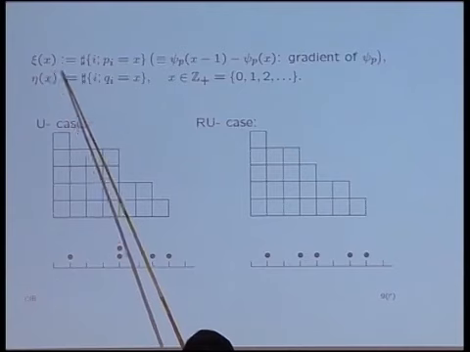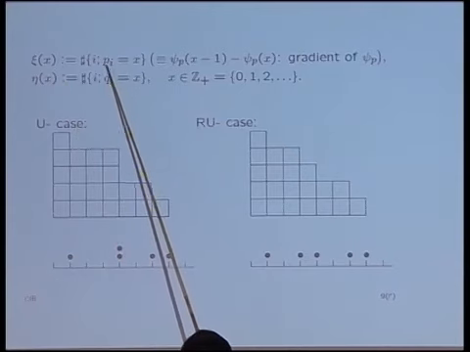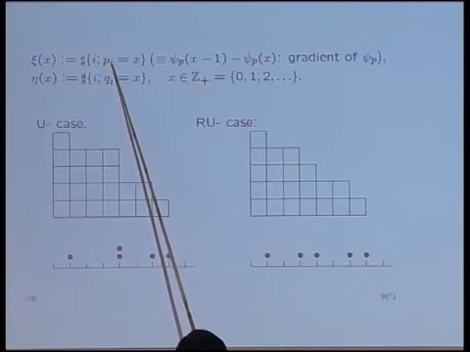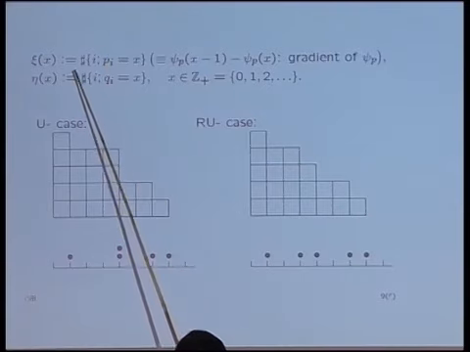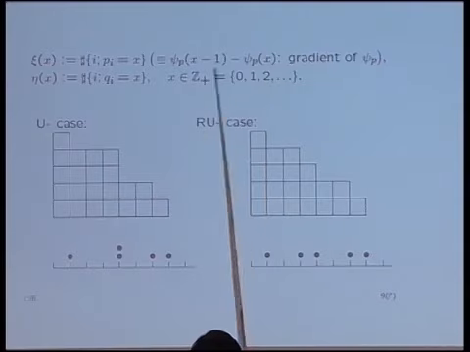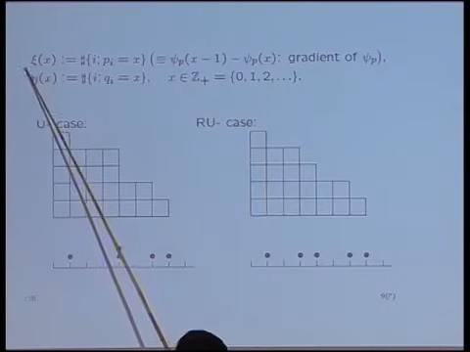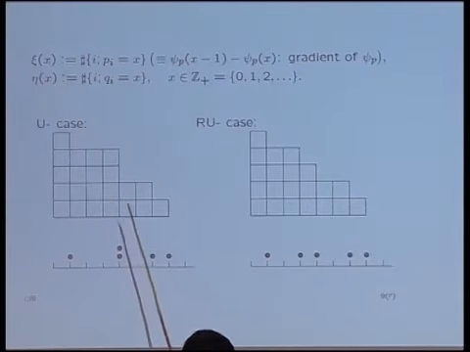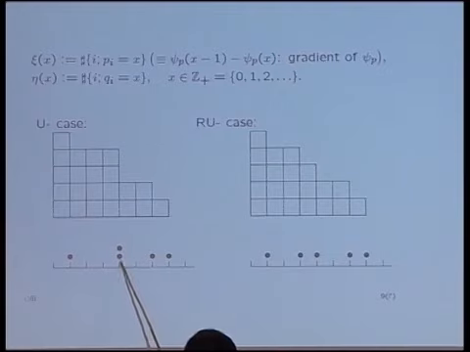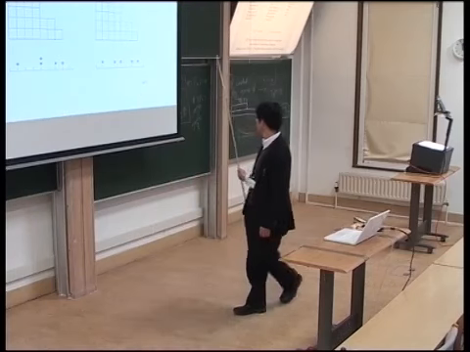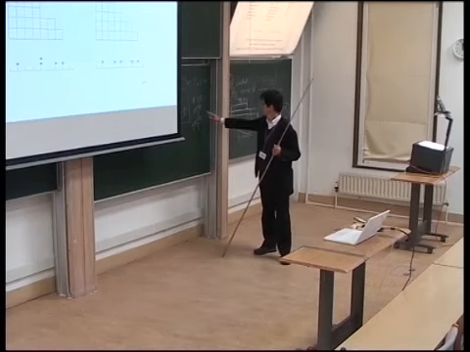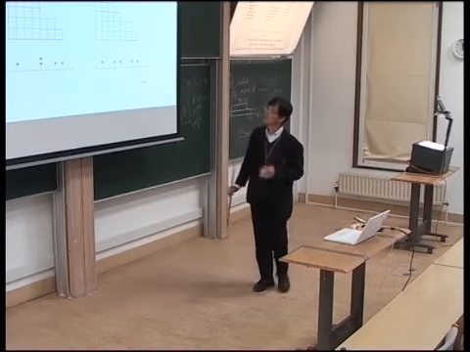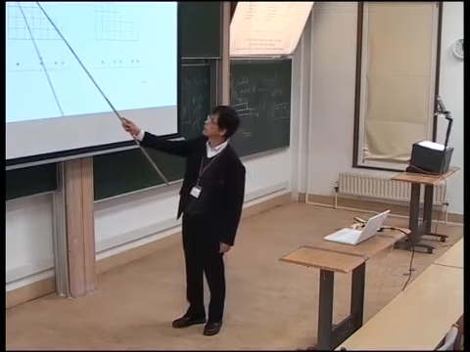So we originally have pi as the variables. Then we consider the height difference of the Young diagrams and define the particle number: the number of particles sitting at site x is denoted by xi x for the uniform static case, and for the restricted static case I denote it by eta x.